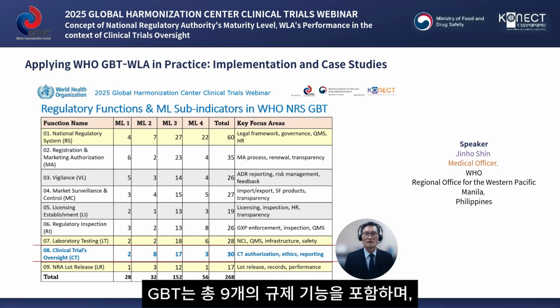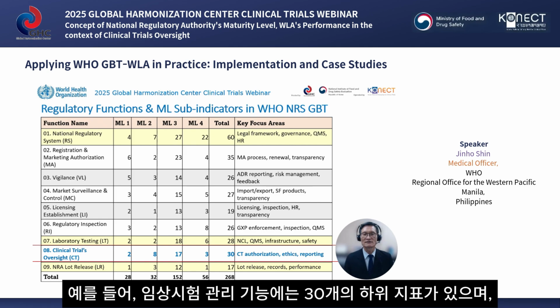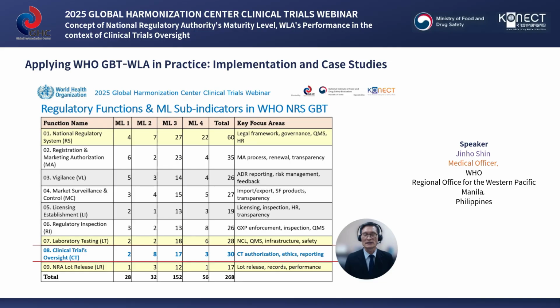The GBT covers 9 regulatory functions, each with its own set of sub-indicators across the 4 maturity levels. For example, clinical trials oversight has 30 sub-indicators focusing on authorization, ethics, and reporting.